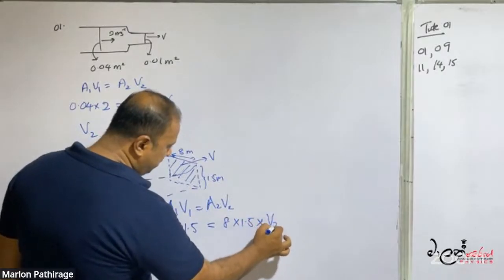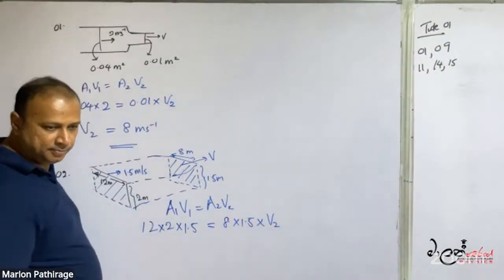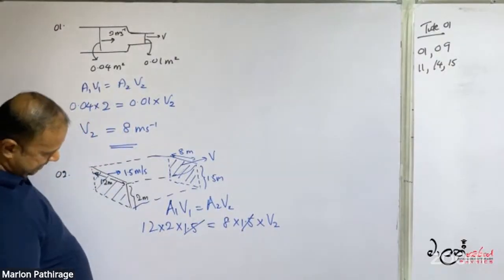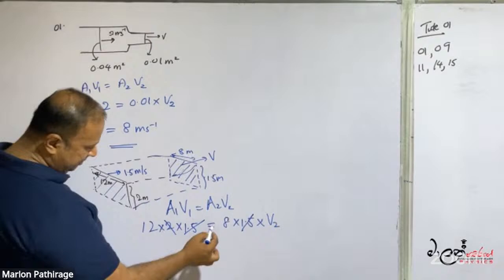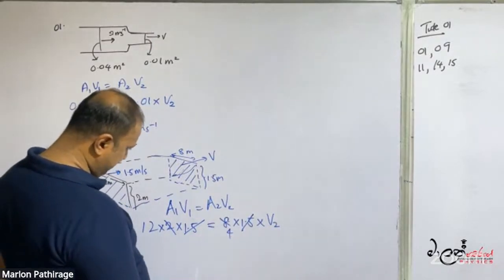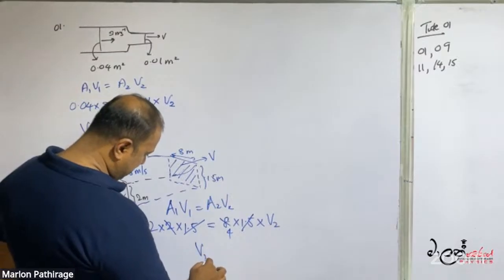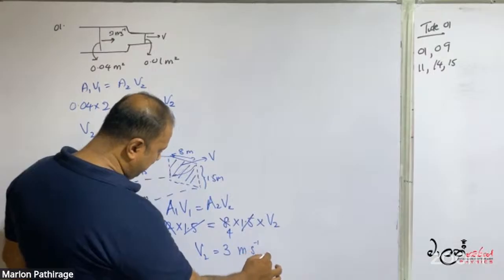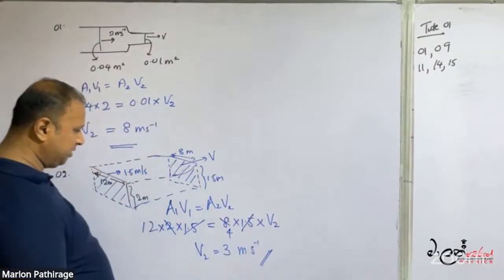You are asked to determine V2. 1.5 and 1.5 will be cancelled out. Therefore, V2 is equal to 3 ms⁻¹.